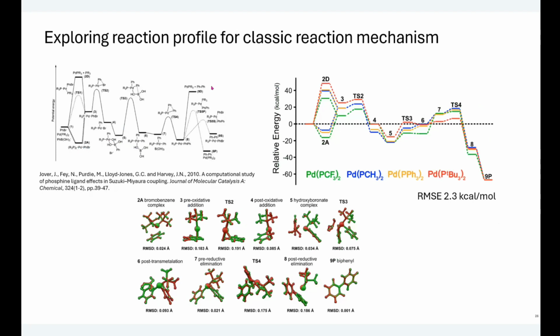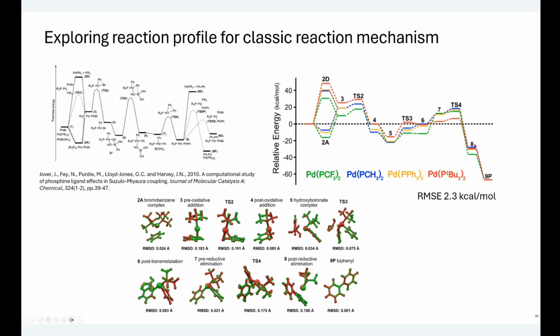And here we try to reproduce, with a simple set of ligands, a simple reaction, all the stages of the reaction. Here is the reference DFT, one of the foundational works for the mechanistic studies of palladium catalyzed reactions, published 2010.